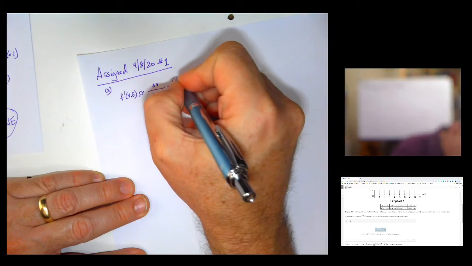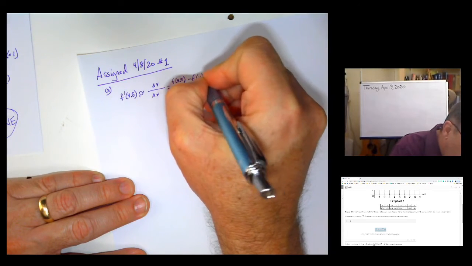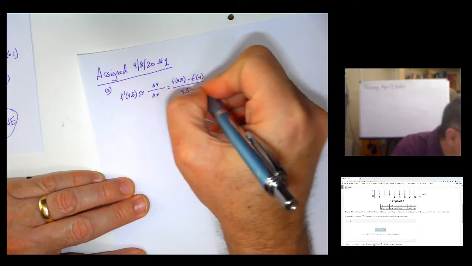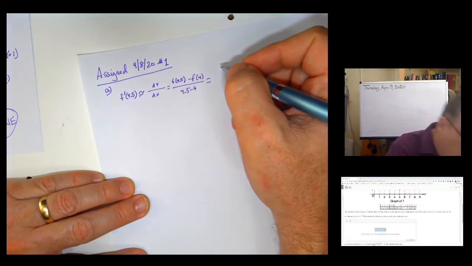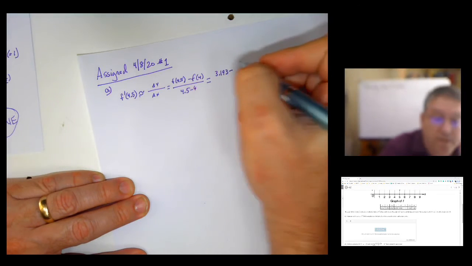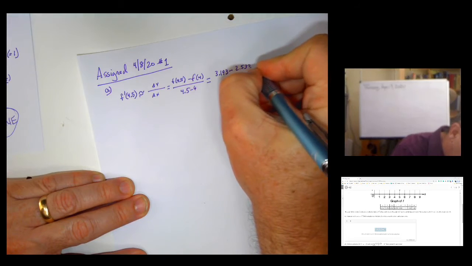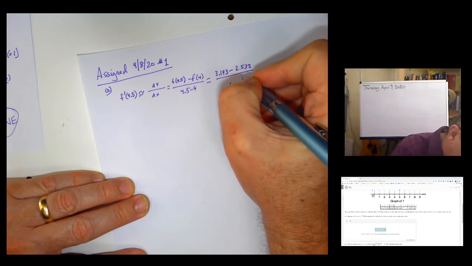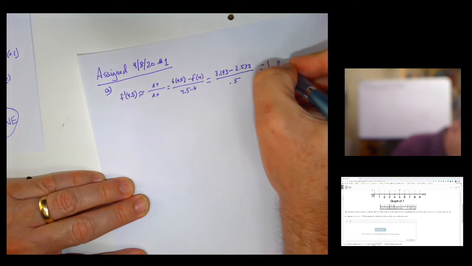So then we're going to have f of 4.5 minus f of 4 over 4.5 minus 4. So from the table, f of 4.5 is 3.193 minus f of 4 is 2.533, over 4.5 minus 4, which is 0.5. And if we do all that out, we're going to get 1.320.